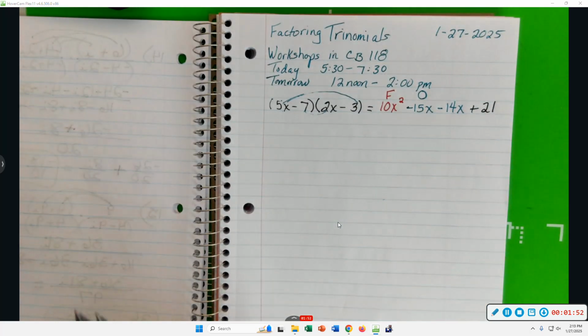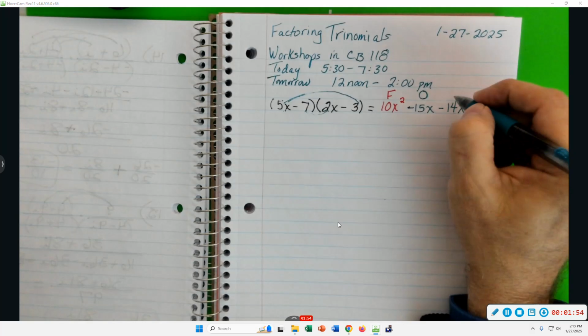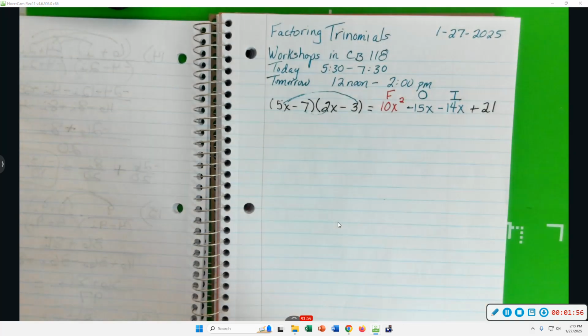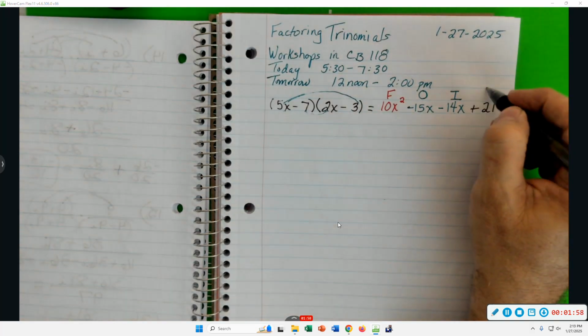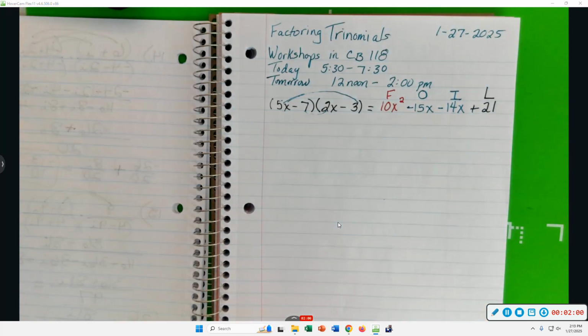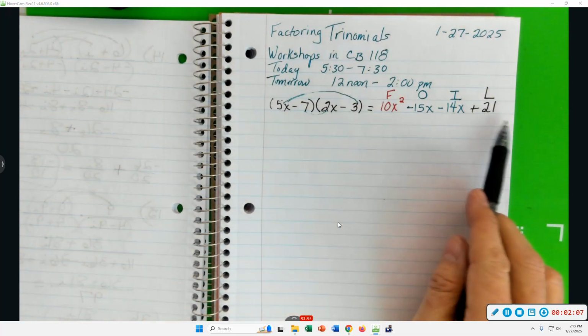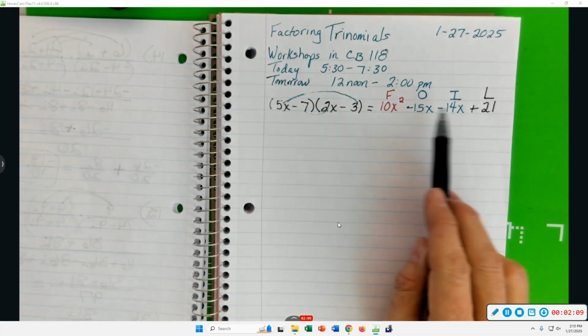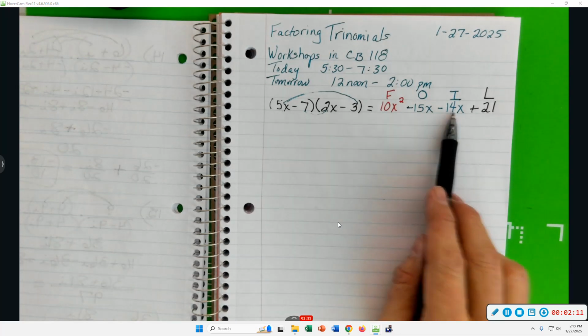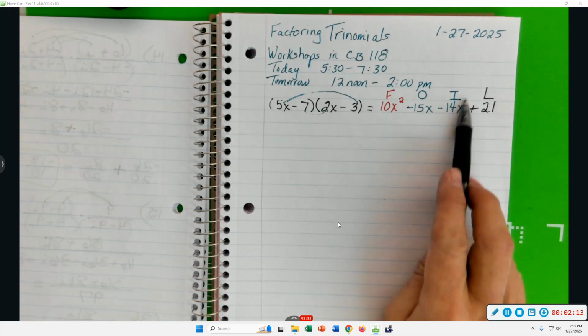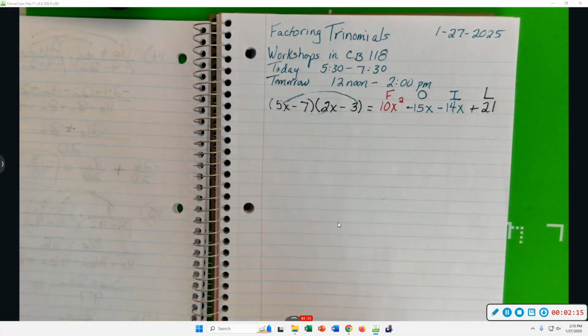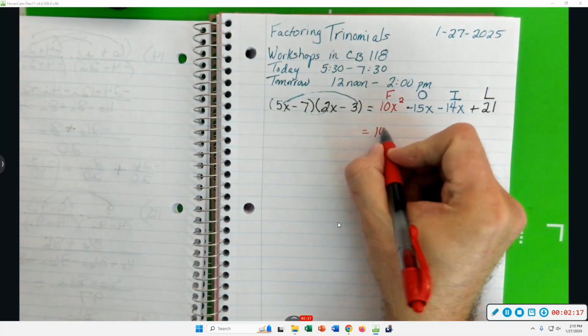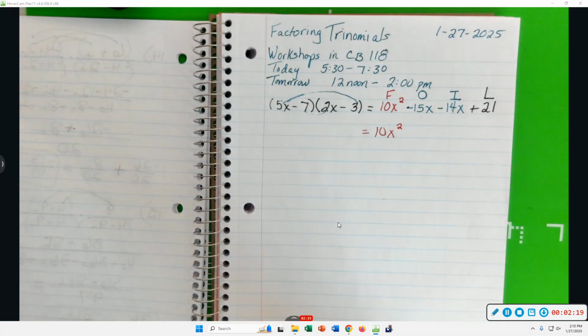Oops, I was labeling F-O. I and L. First, outer, inner, last. Which of these have some terms that we can combine? Negative 15x and negative 14x. Outer and inner, we're going to combine. The 10x squared, there's nothing to combine with.